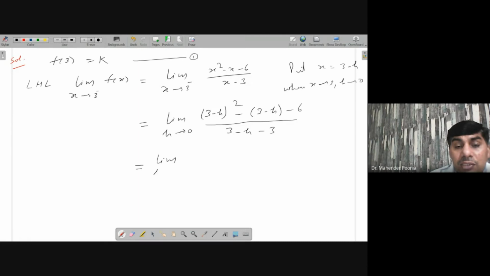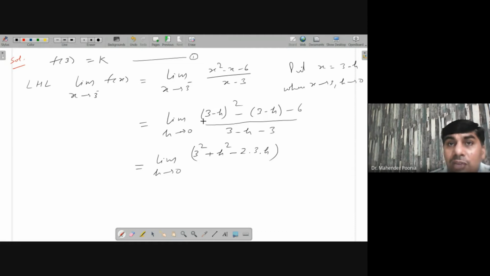The limit becomes limit h tends to 0, (3 minus h) whole square is 3 square plus h square minus 2 into 3 into h. Clear? Because the formula of (a minus b) whole square is a square plus b square minus 2ab.